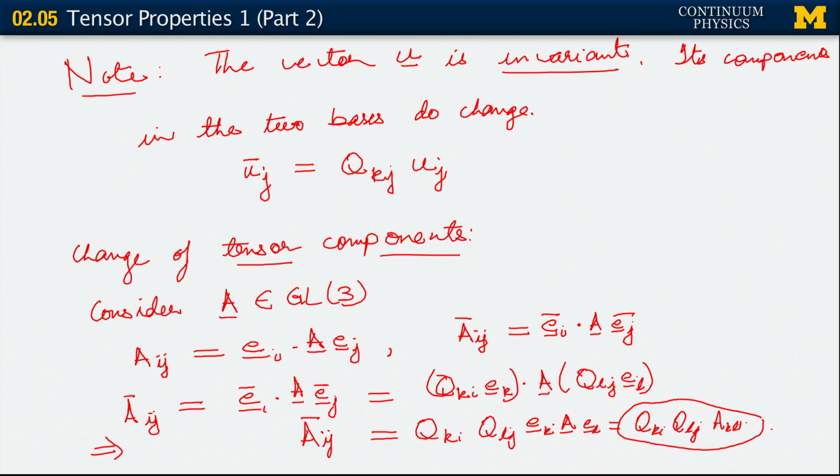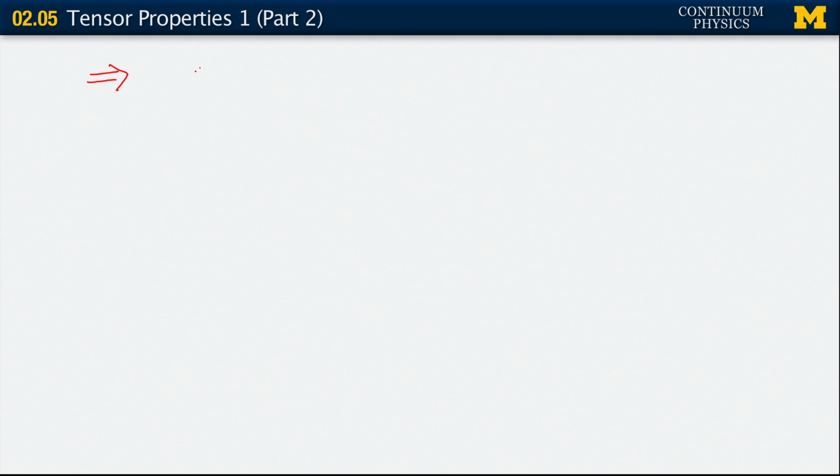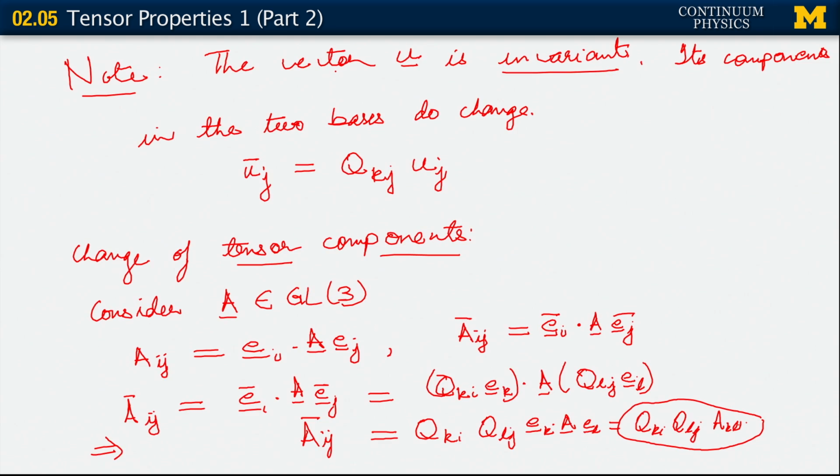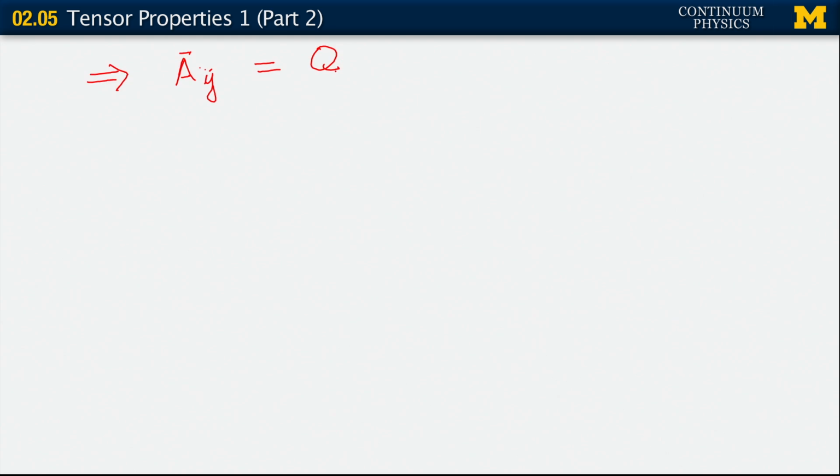And when we write this out in its final form, let's just remember what components we had: Q Ki on the first one, so we have Q Ki, we have A KL, and Q LJ.